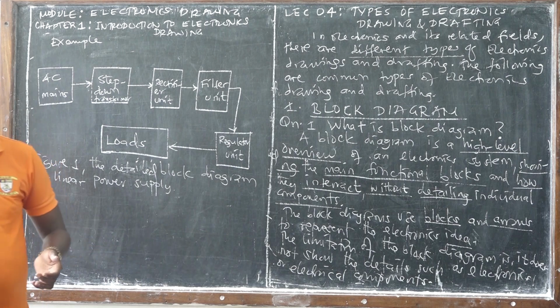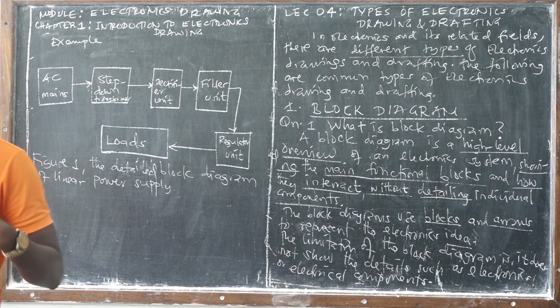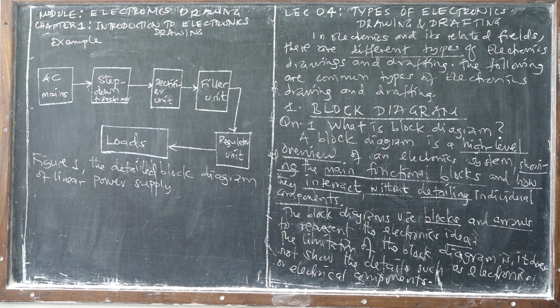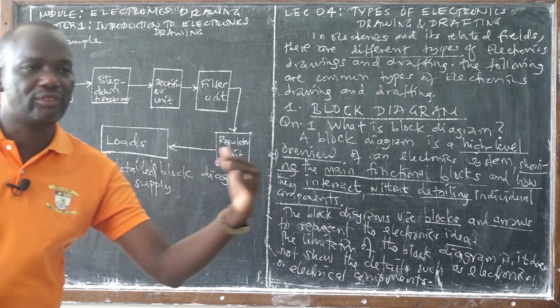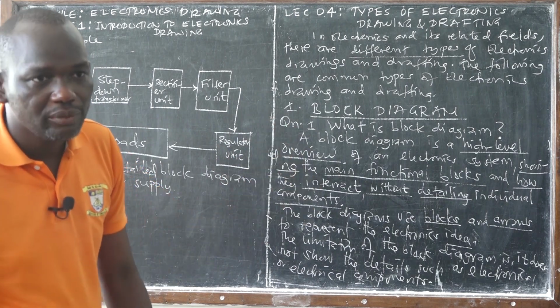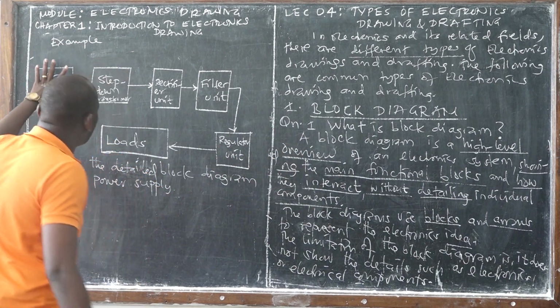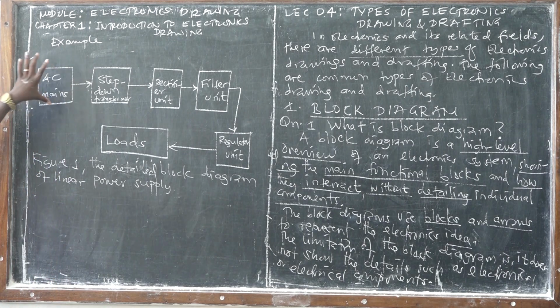For instance, your biological digestive system has subsystems too. A subsystem means a small section or small part of that system. So this is a small section, a subsystem, of the linear power supply system.